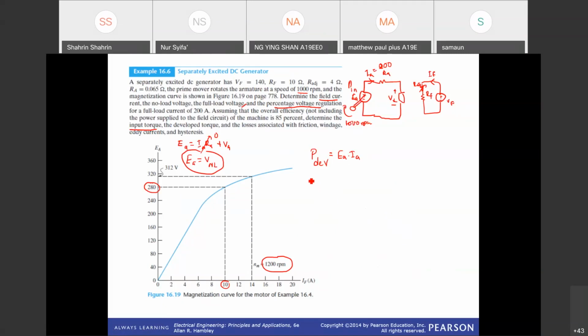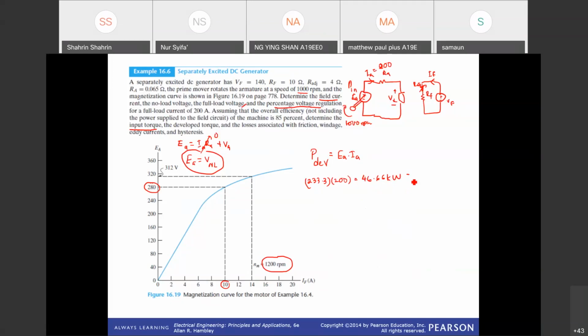Your EA we have already obtained, which is 233.3, multiplied by IA, which is 200. So 233.3 multiplied by 200 is 46.66 kilowatt.